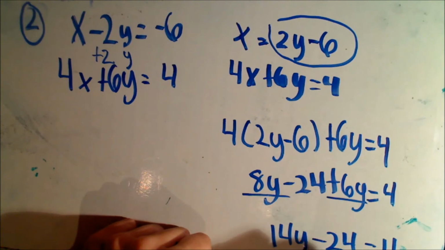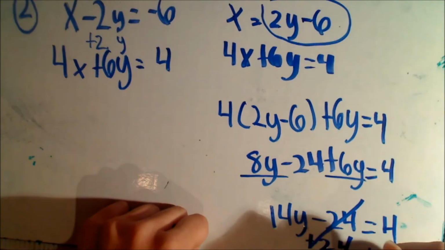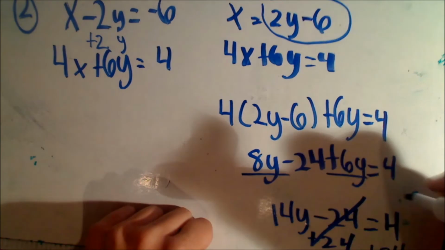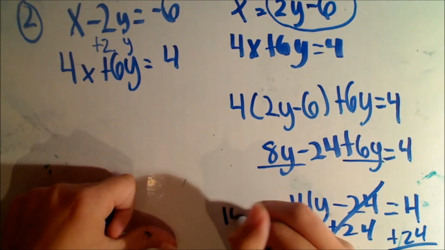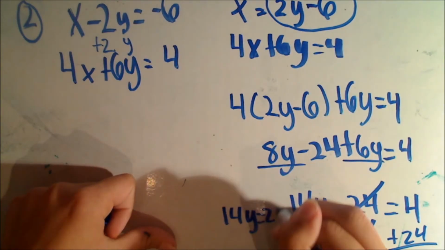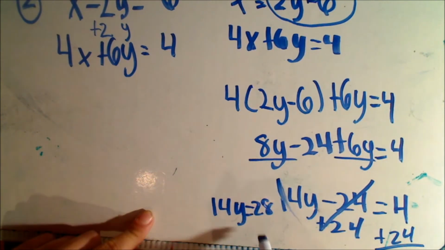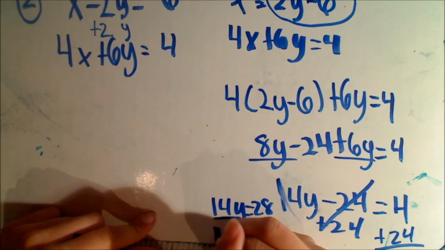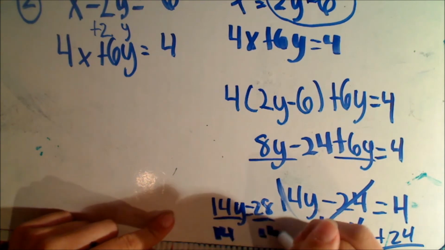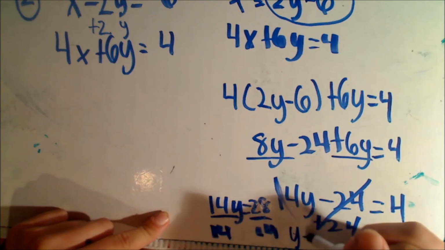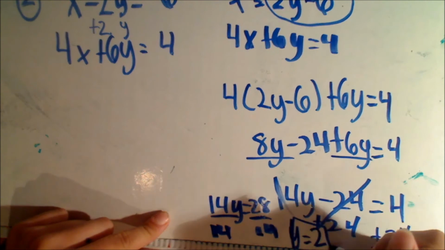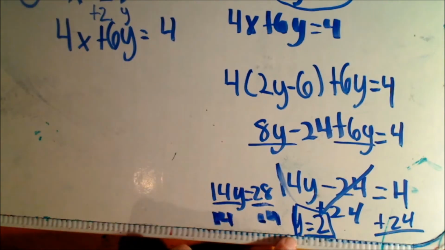Add 24 to both sides, and we get 14y equals 28 right here. And so you divide both sides by 14, and you get y equals 2. You see that? y equals 2.